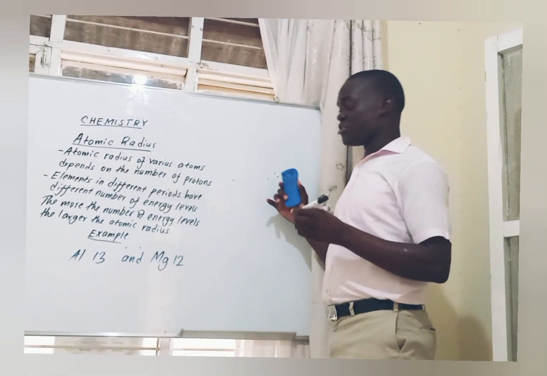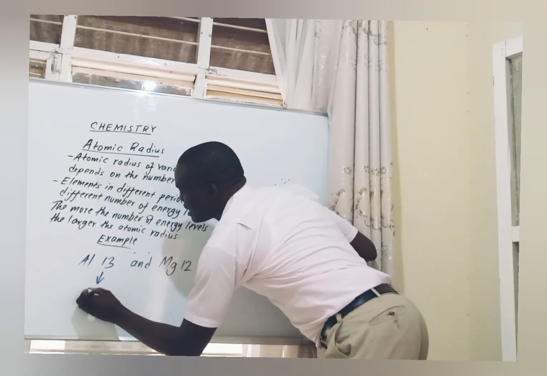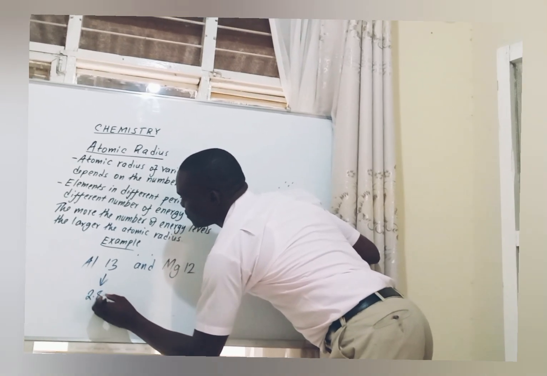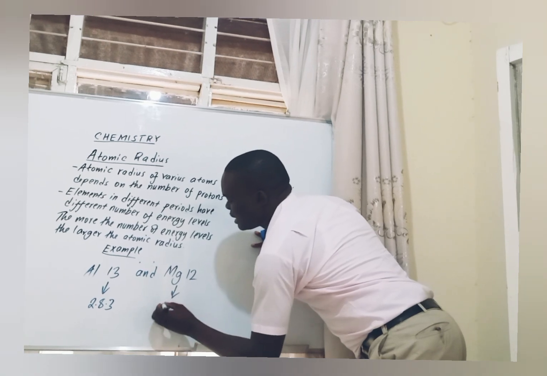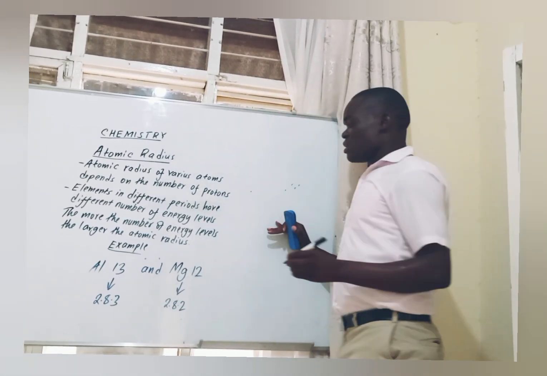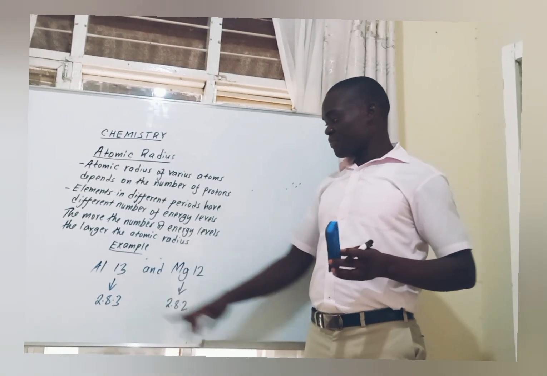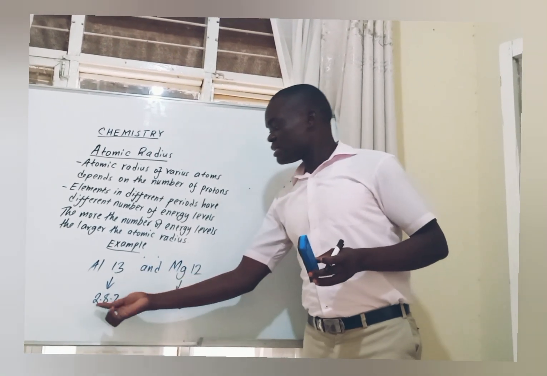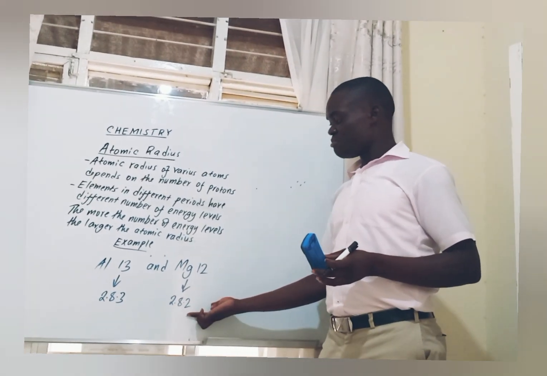Let's write the electron configuration. Aluminium has an electron configuration of 2, 8, 3, while magnesium has an electron configuration of 2, 8, 2. So when two elements are in the same period like this, aluminium is in period 3, and magnesium is also in period 3.